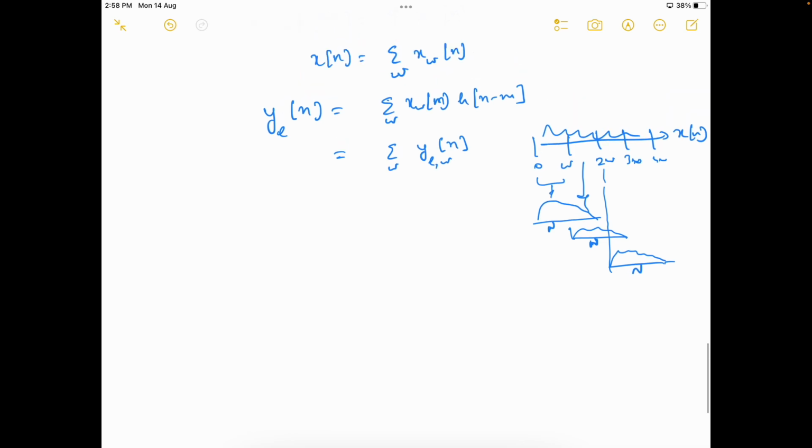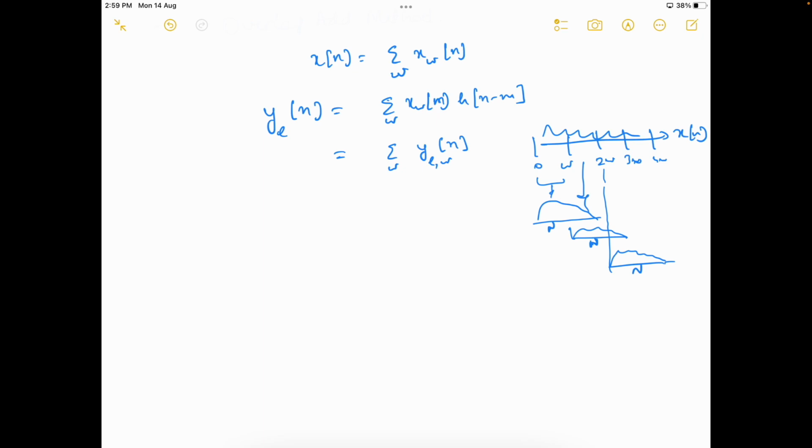This is called the overlap add method. If you want to see more details about it, some examples, go to the lecture videos which I have shown in the beginning of the class. Those videos contain some examples also. But I've just drawn something pictorially to give you an idea.